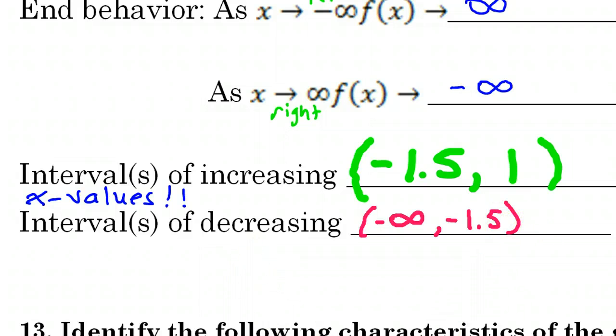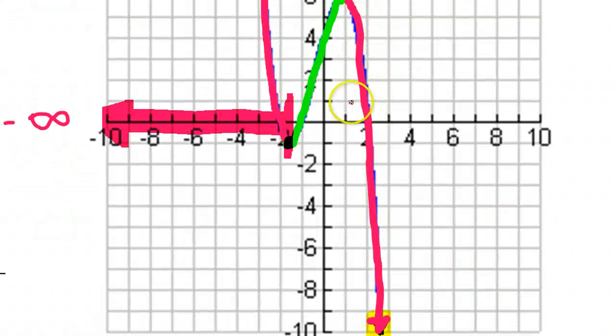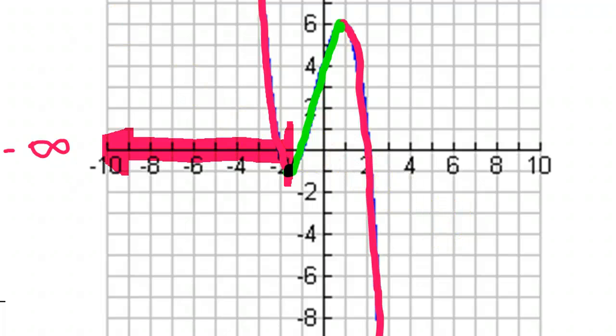But there was another decreasing interval, this other pink part, the part that goes from here to here, and of course this is going forever. But as far as x values go, this interval starts out right here.